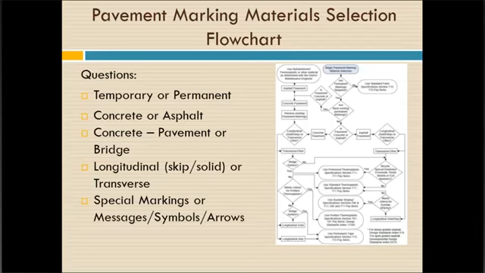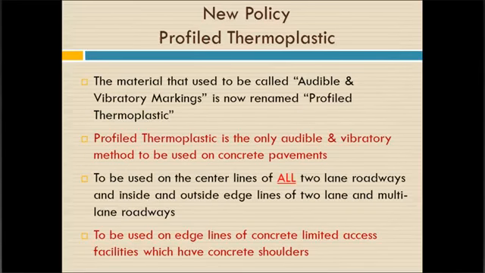Same thing will be for special markings, messages, symbols, and arrows. As you go down through the flow chart, if you've got any comments and think it can be improved, you're welcome to give us a call and we'll work through it. I'm not going to sit through here this afternoon and actually work through the flow chart. I'm just going to talk about some of the major changes.